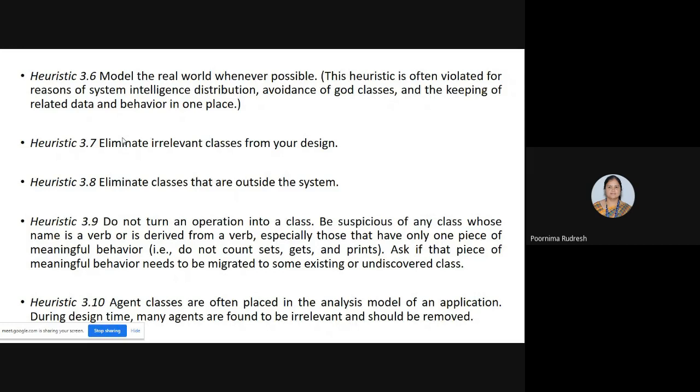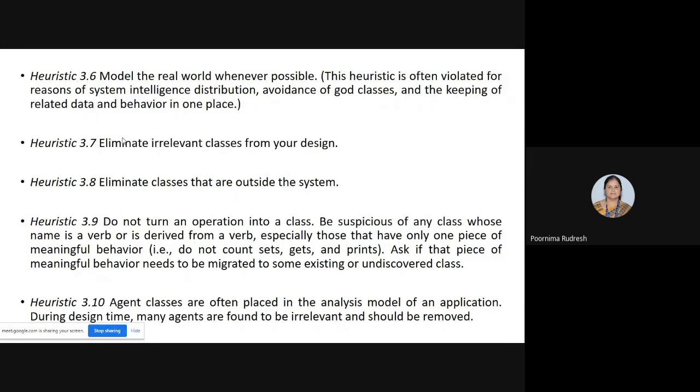So here both 3.7 and 3.8 mainly concentrate on the classes. Here you have to identify the irrelevant classes and eliminate them, and the classes which are outside of the system, identify such classes and eliminate them.